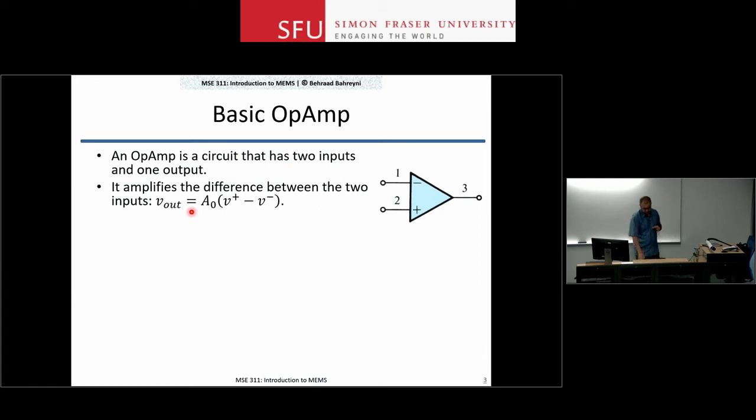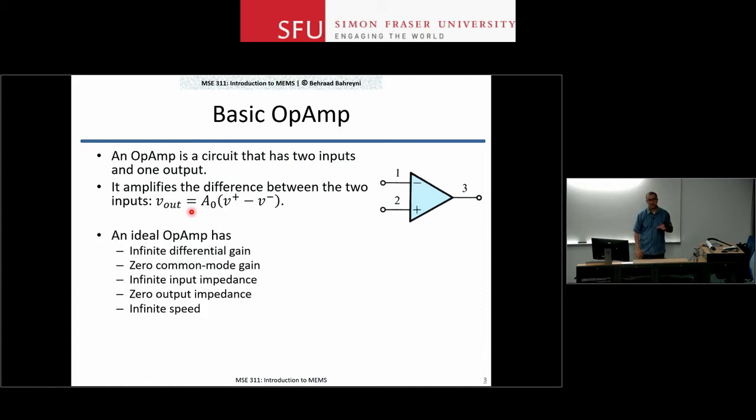Now, that's what an op-amp is. An ideal op-amp has a set of additional properties. So the first thing is that the gain is infinite or very, very large. Infinite, of course, is relative. In this case, infinite is somewhere about 10 to the 5, 10 to the 6 or so, right?